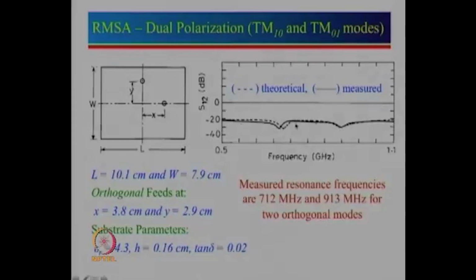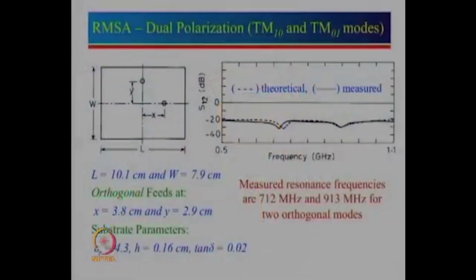We see the two dips over here, theoretical and measured values. The predicted value is much better here, slightly less here, but one can see that isolation between the two is less than 20 dB across the band, and along the resonances it is close to 30 dB. So if we feed at these 2 points, there is an isolation of roughly 30 dB.